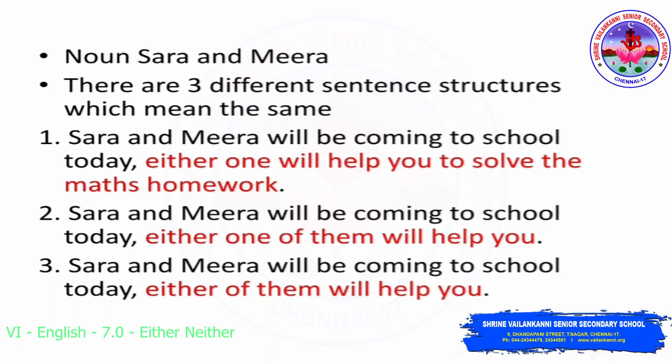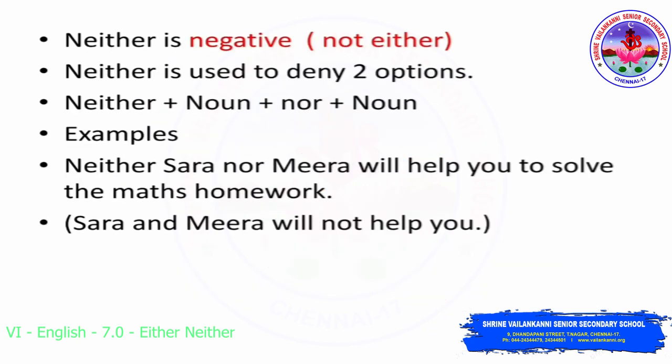So either Sarah will help or Meera will help. Neither can be pronounced as neither or neither. Both the pronunciations are correct. Neither is a negative form. It is exactly the same as either, but we use it in a negative way.